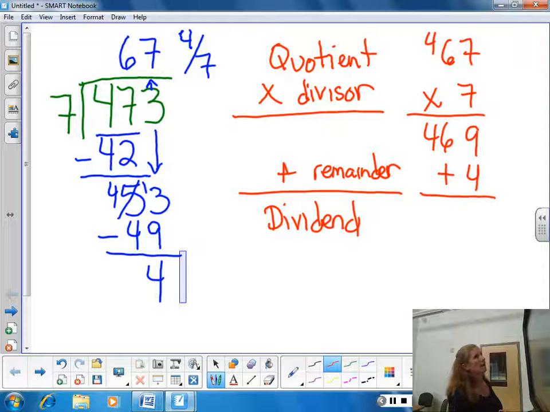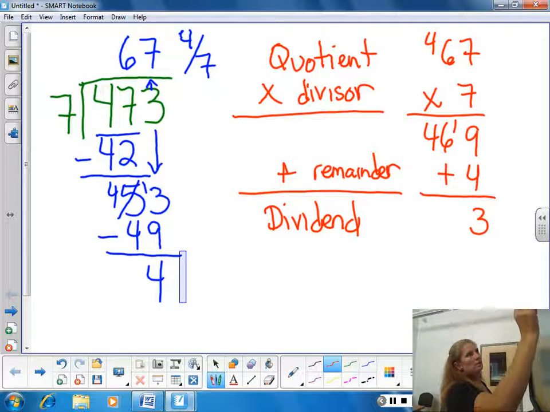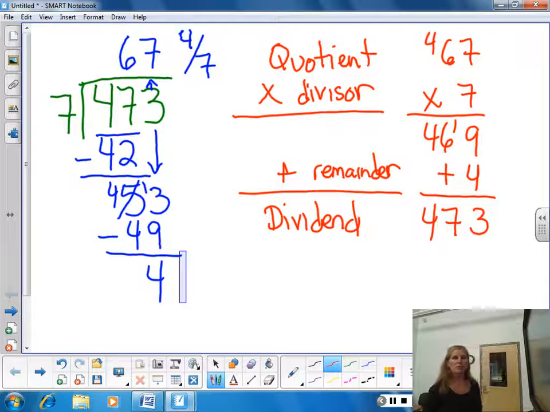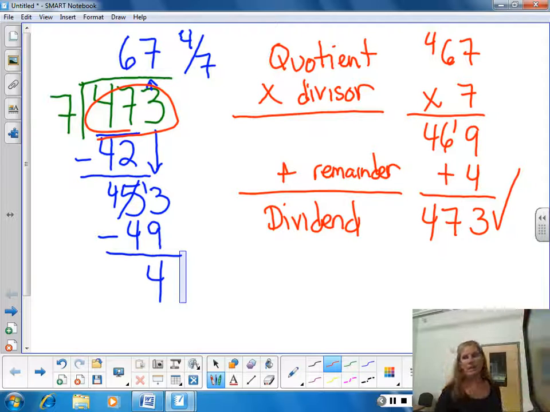And I'm going to add those together. 9 and 4 is 13. 6 and 1 is 7. 473, that is what I started off with over here. So my check is just to make sure that I end up with the dividend that I started with. So I did. So I feel confident that this is my answer, my quotient.